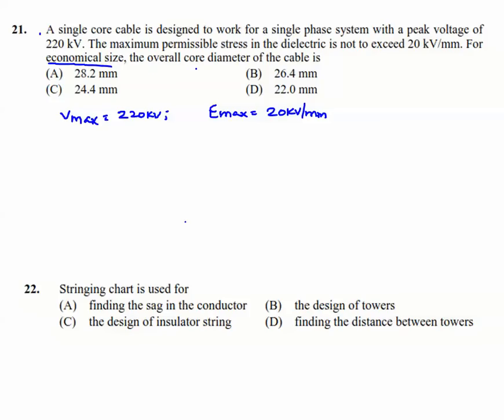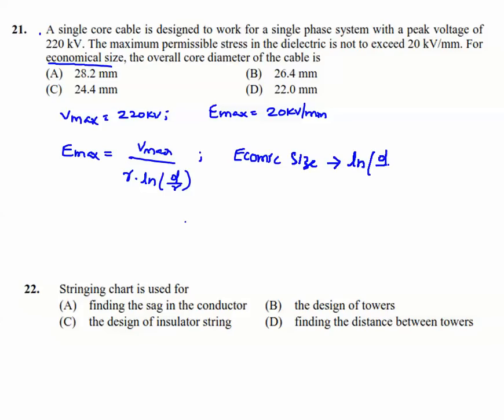The general formula for this problem is, E max or E is equal to V max divided by r, that is the radius of the conductor, into ln of d by r. For economic size of the conductor, this term ln of d by r is going to be 1, or d by r is going to be exponential e here.